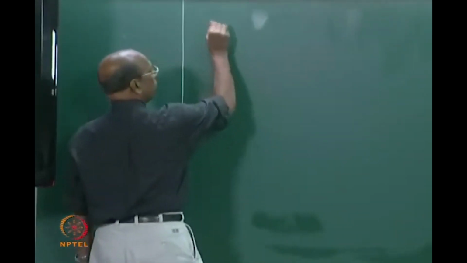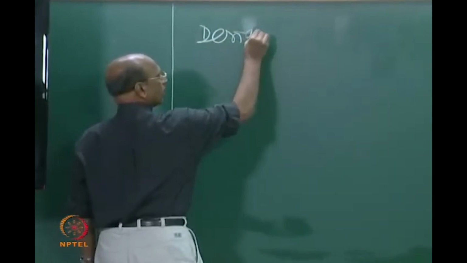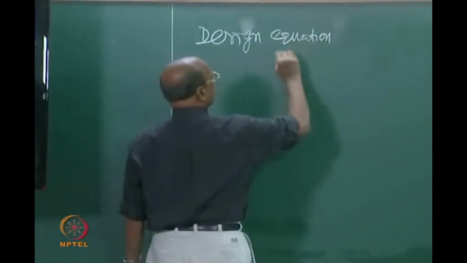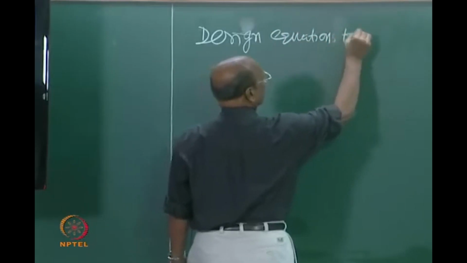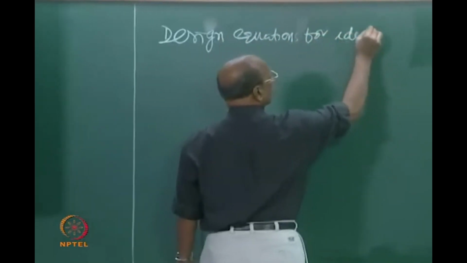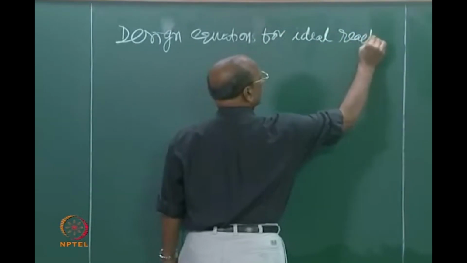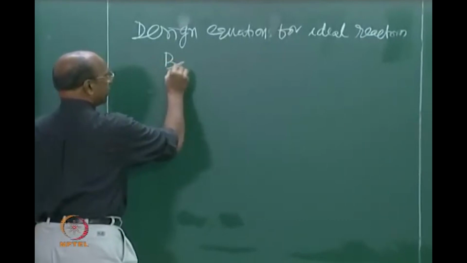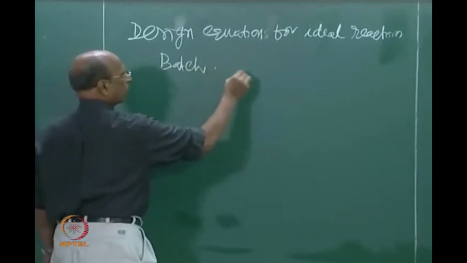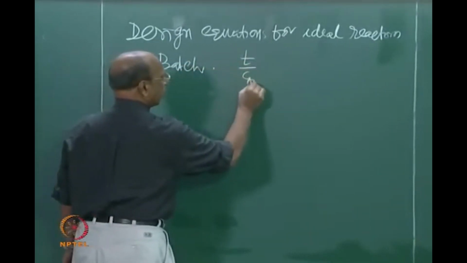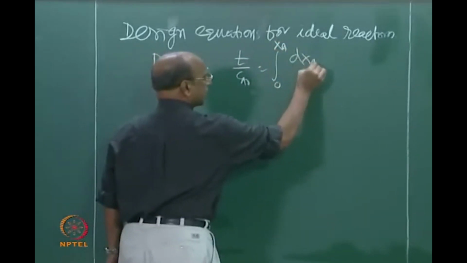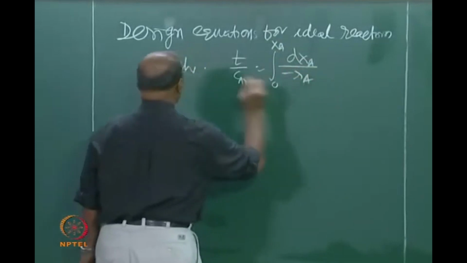So, the design expressions we have discussed, the design equations for ideal reactors. For batch, you have t by C A naught equal to integral 0 to x a of dx a by minus R a.